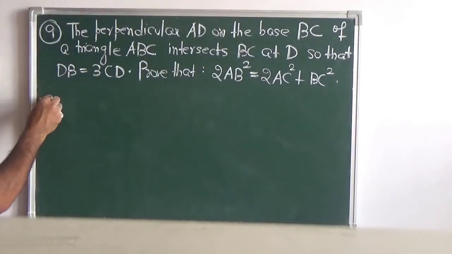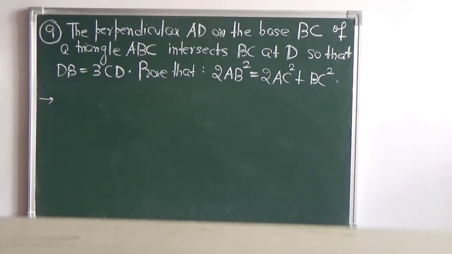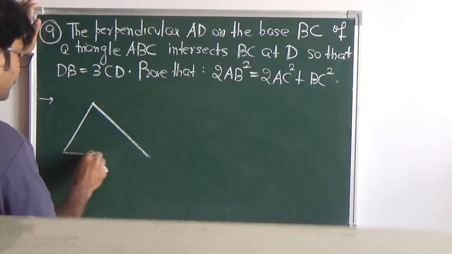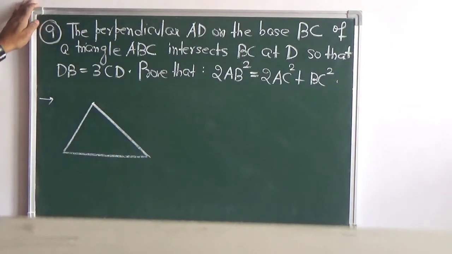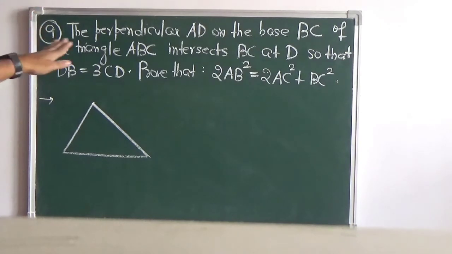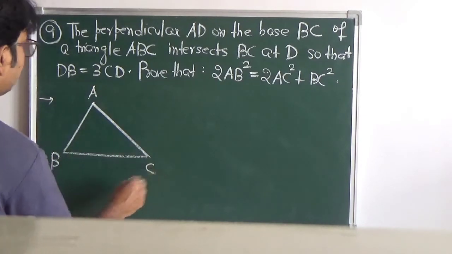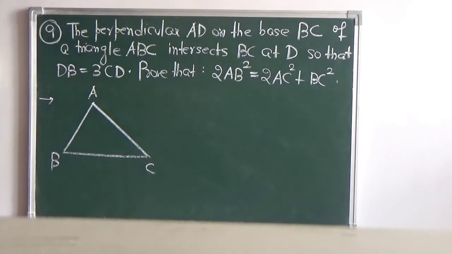So the diagram is the perpendicular AD on the base BC of a triangle ABC. Let us take the vertices A, B, C. DB equals thrice of CD, so the figure needs to be like this.